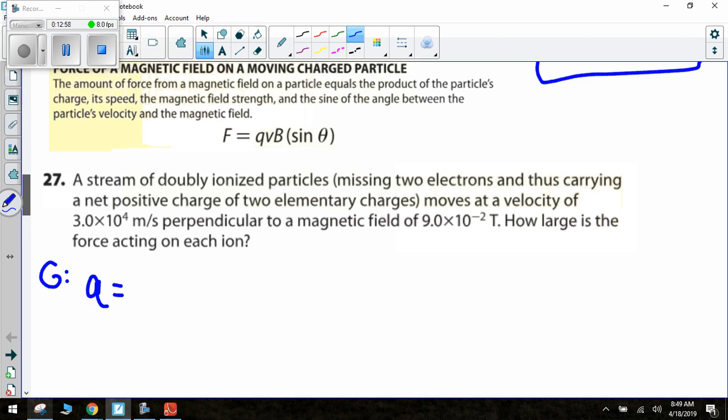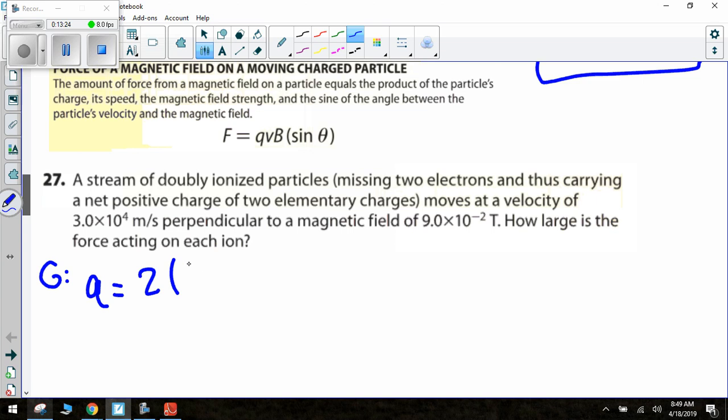What's an elementary charge? Well, it's pretty small, but that's not going to give me my answer. An elementary charge is specifically telling me that it's the same charge as an electron or a proton. So it's 2 times the charge of an electron or proton.